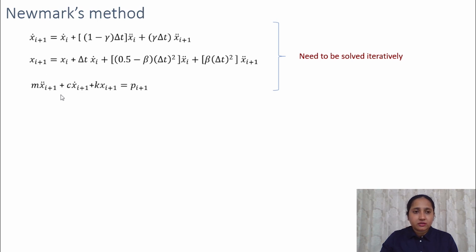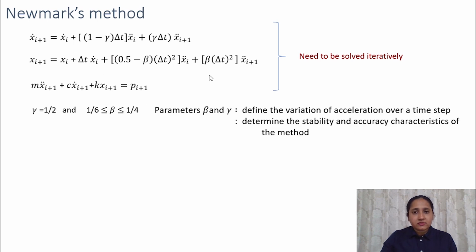And the appropriate values for these parameters are gamma equal to half and beta in between 1 by 6 and 1 by 4. These two parameters define the variation of acceleration over a time step, that is, between two time instants.